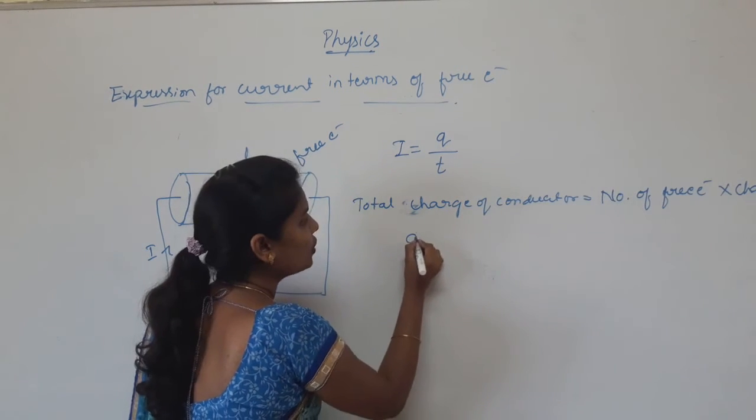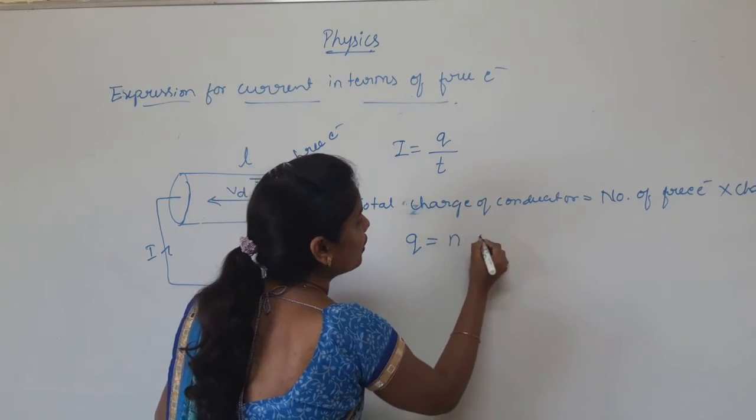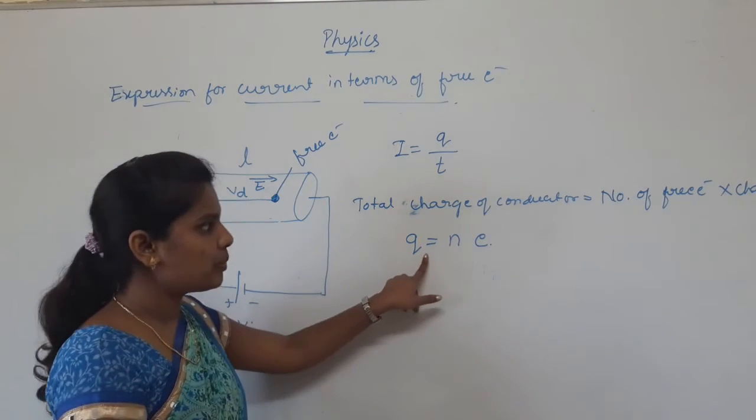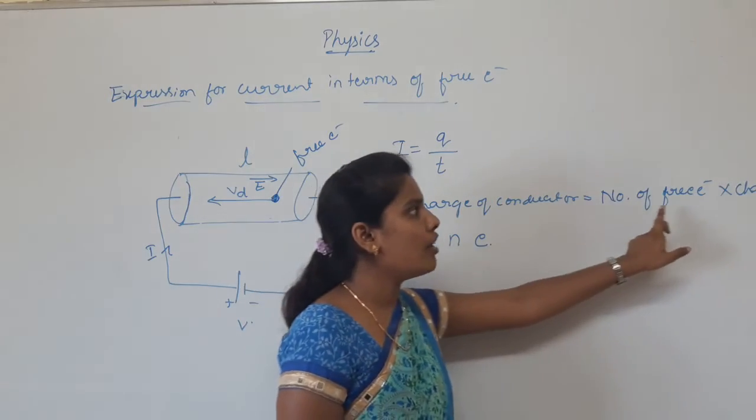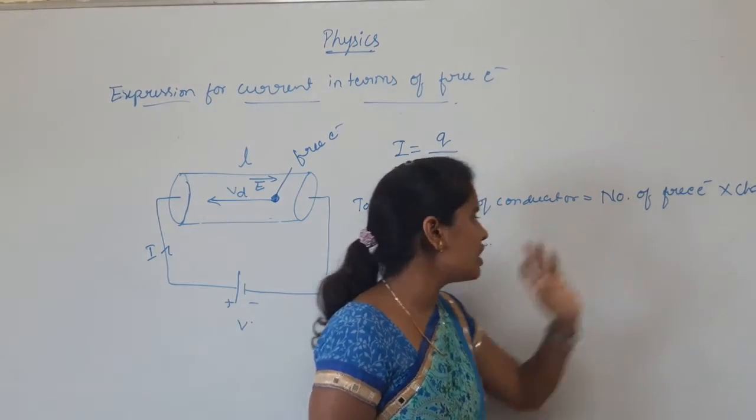Therefore, Q is equal to N into e. Total charge equals number of free electrons into charge of electron.